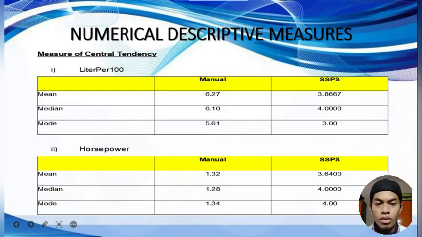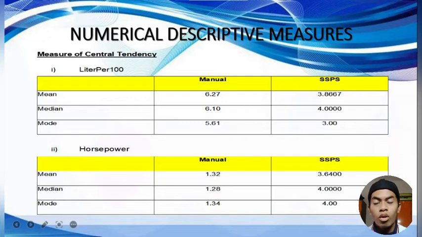Firstly, for liter per 100, the mean for manual is 6.27, for SPSS is 3.8667. For median, manual is 6.10, for SPSS is 4.0. And mode for liter per 100, manual is 5.61 and for SPSS is 3.0.